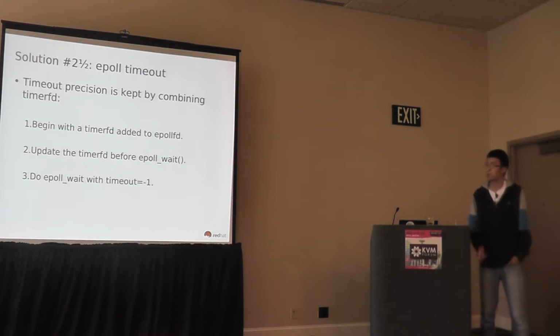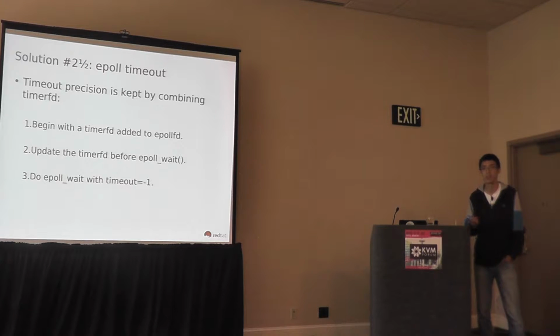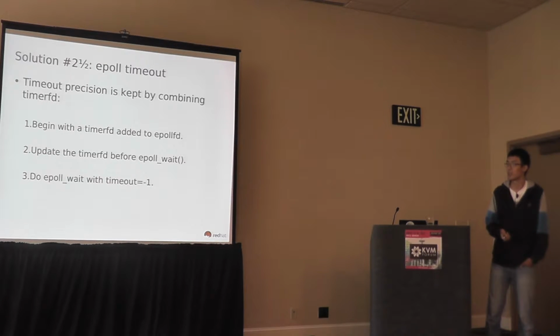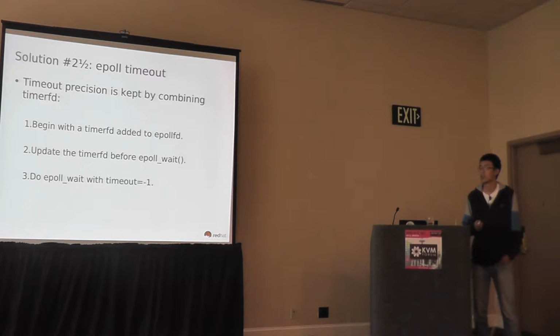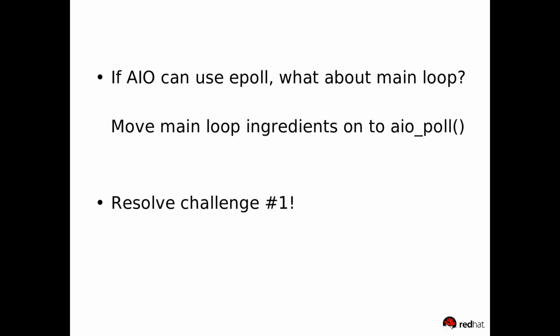But from the previous results, where I converted things in the dataplane iothread, we don't need this yet because we don't have any timers inside the dataplane thread. Everything is attached to the main loop. So this is for the future, if we want to move epoll into the main loop as well, and we will see it now.